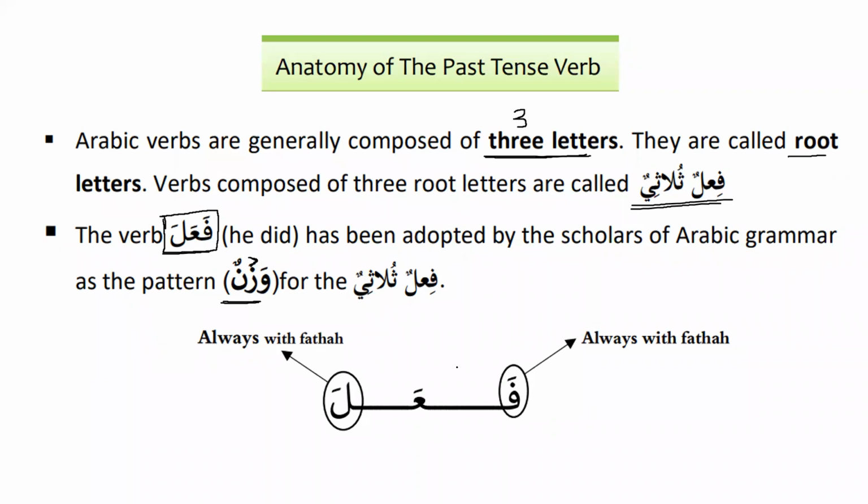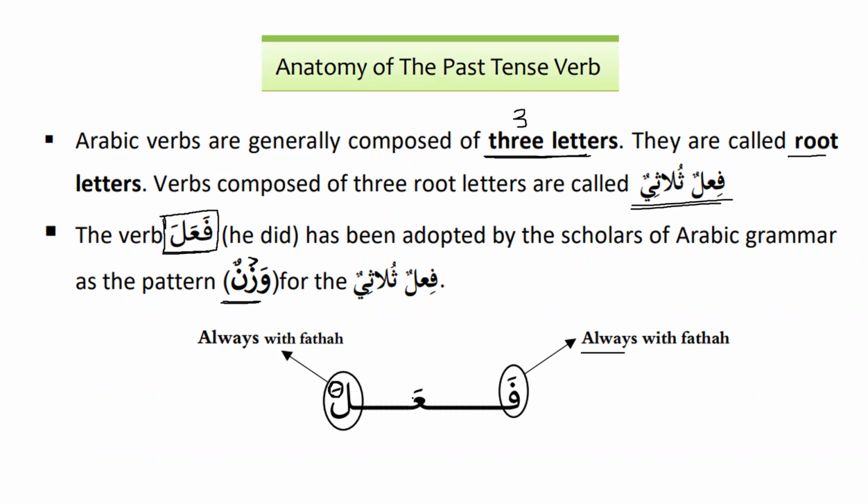When we say fa'ala, please remember that the ending of the past tense is mabniyun ala al-fath. The past tense will always end with fatha. And when we talk about the verbs that have 3 root letters, the verb also starts with fatha. So it always starts with fatha and it always ends with fatha.